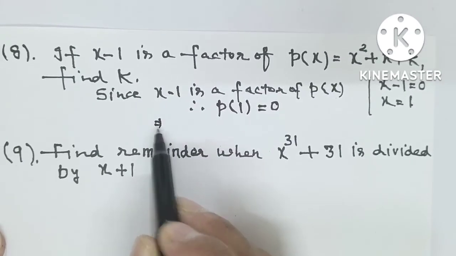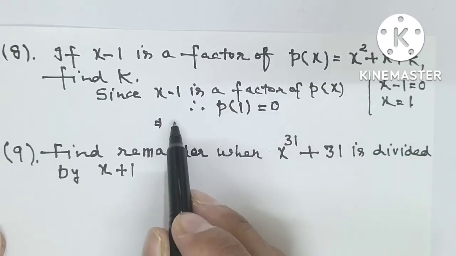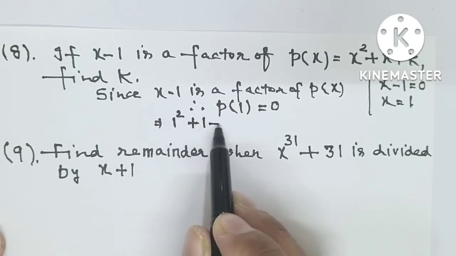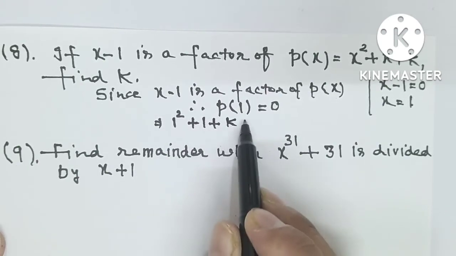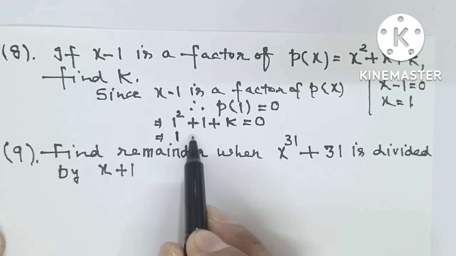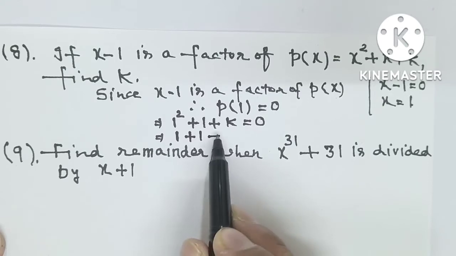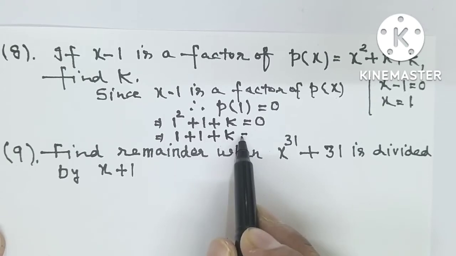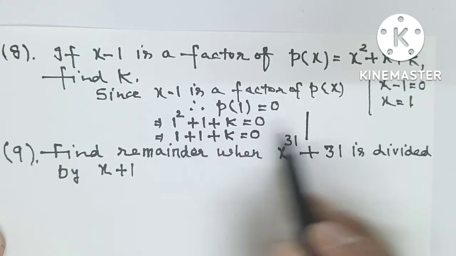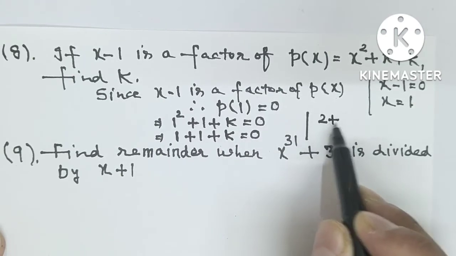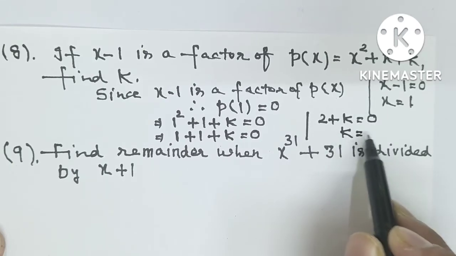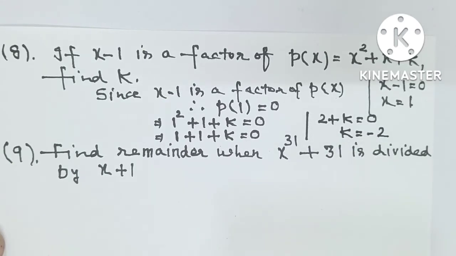So this 1 we will put here: 1 square plus 1 plus k is equal to 0. So 1 square is 1, plus 1 plus k is equal to 0. This 1 plus 1 is 2, 2 plus k is equal to 0. And the value of k will be equal to minus 2.